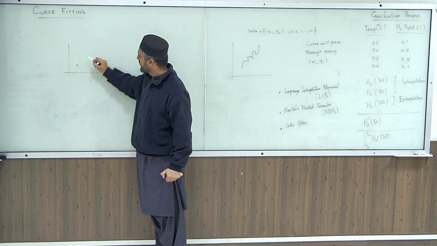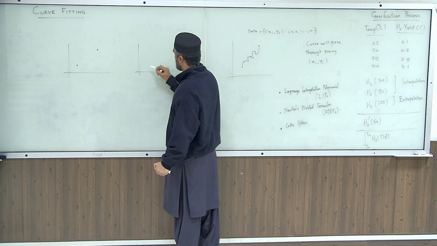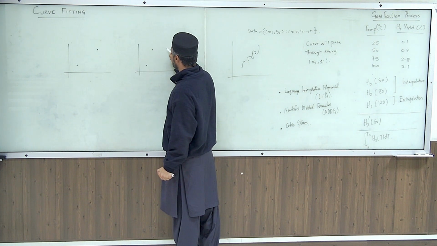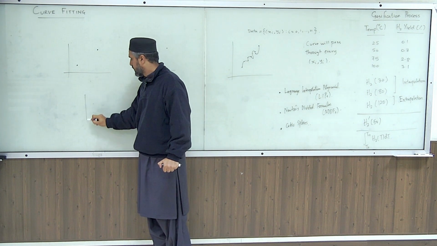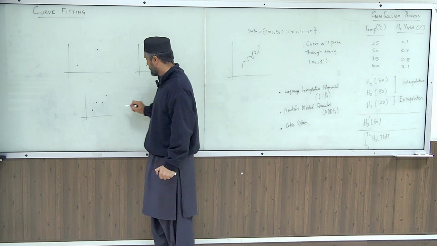For example, if I have 2 points, maybe I got some 3 points, or more than 3 points maybe.